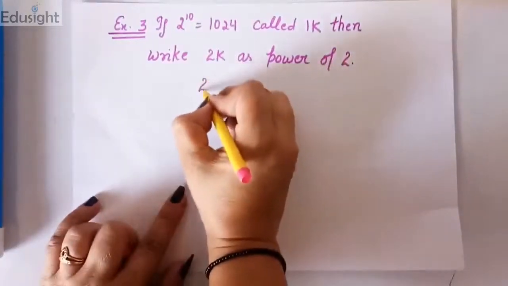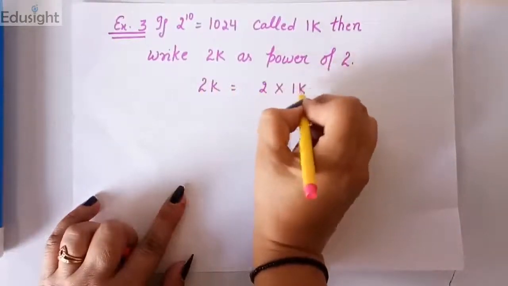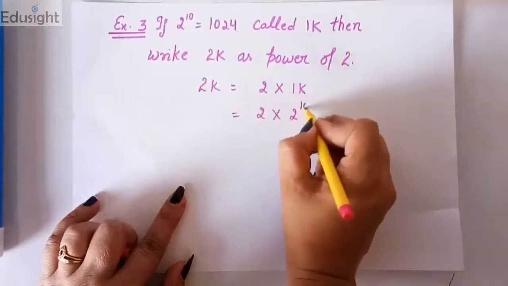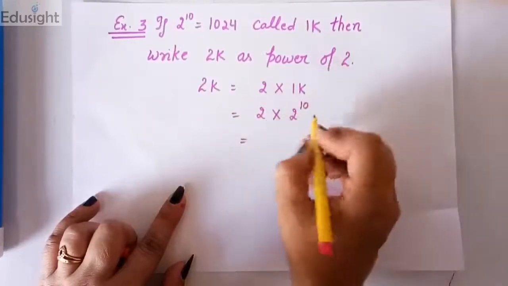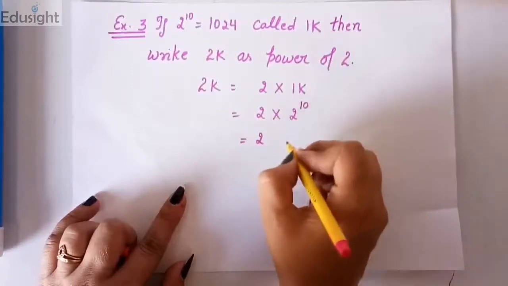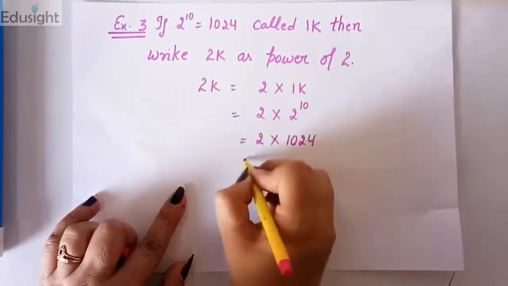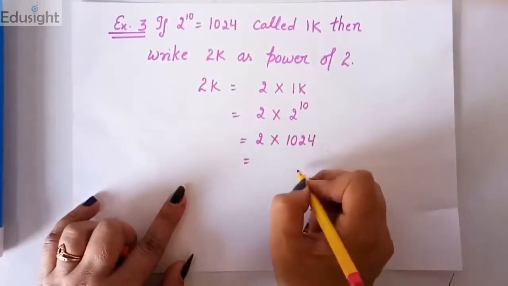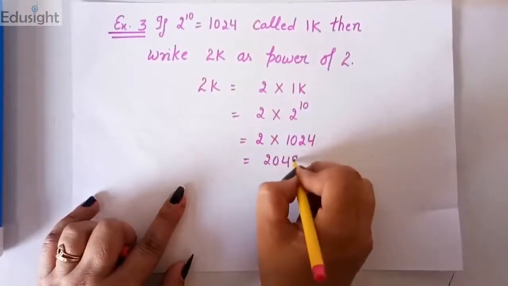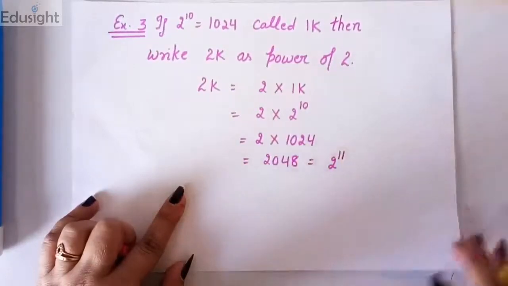So 2k can be written as 2 multiplied by 1k, that is 2 multiplied by 2 raised to power 10. So 2 multiplied by 1024, that's 2048. That can be written as 2 raised to power 11.